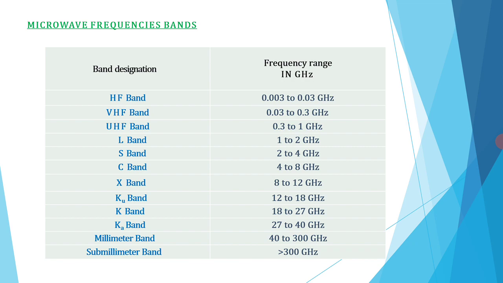Here L band ranges from 1 to 2 gigahertz, S band ranges from 2 to 4 gigahertz, C band ranges from 4 to 8 gigahertz, X band ranges from 8 to 12 gigahertz, Ku band ranges from 12 to 18 gigahertz, K band ranges from 18 to 27 gigahertz, Ka band ranges from 27 to 40 gigahertz, millimeter band ranges from 40 to 300 gigahertz, and sub-millimeter band ranges greater than 300 gigahertz.